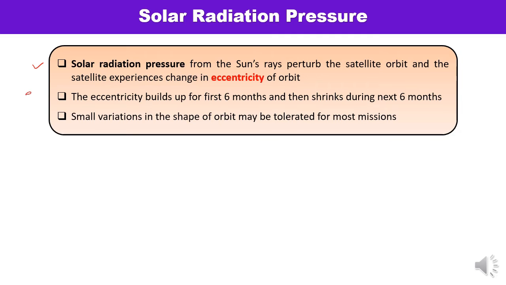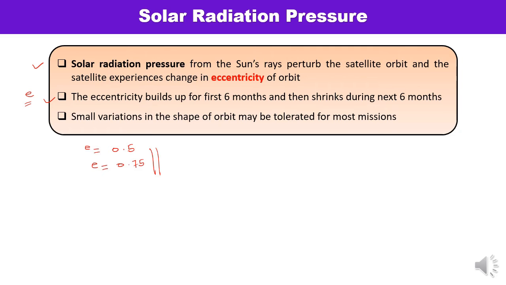Eccentricity is denoted by e. If the value of e varies, definitely the shape of the orbit varies. The shape of the orbit is different when e is equal to 0.5, and it is different when the value of e is 0.75. And this eccentricity builds up for the initial 6 months and then shrinks during the next 6 months. That is why the overall period is 1 year.